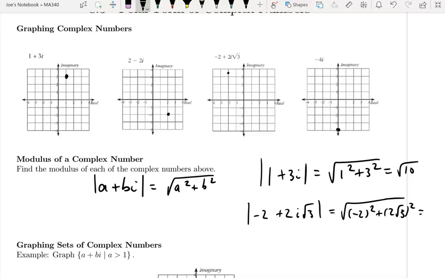If I did the third one, negative 2 squared is 4. We get 4 times 3 is 12, so we'll get square root of 16. If you simplify that, you'll get 4 for that one. When you square 2 root 3, you get 12. So you get 4 plus 12 there. Again, that's just like finding the r value, right? We agree?